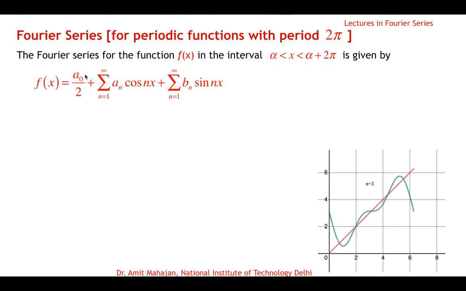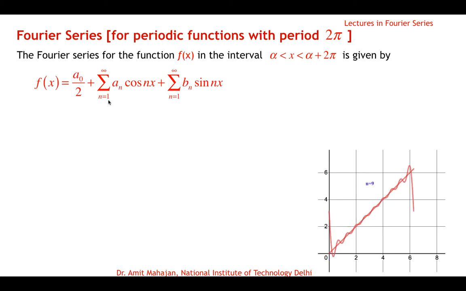Here a naught, an, bn are Fourier coefficients, unknown constants to be evaluated so that we can know what exactly this infinite series is. Our job is to find an infinite series of f(x), that means an expansion of this form, and to do that we will evaluate a naught, an and bn.